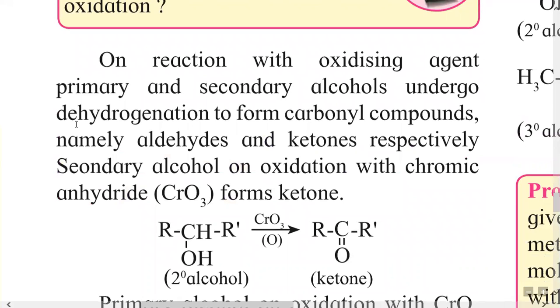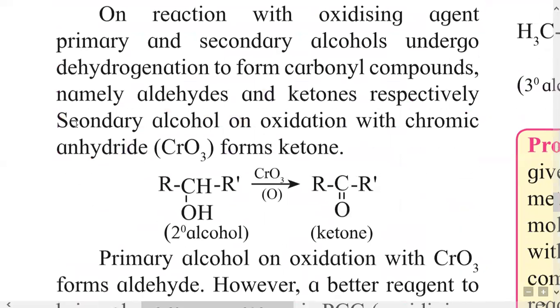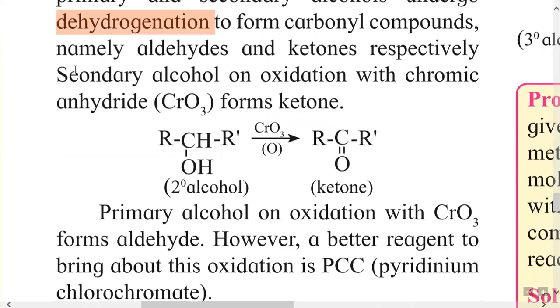But if you compare the oxidation reaction of alcohol, then primary and secondary alcohol undergo this oxidation easily, but tertiary alcohol does not undergo oxidation reaction easily. So here primary and secondary alcohol undergo dehydrogenation reaction and form carbonyl compound, that is aldehyde and ketone.